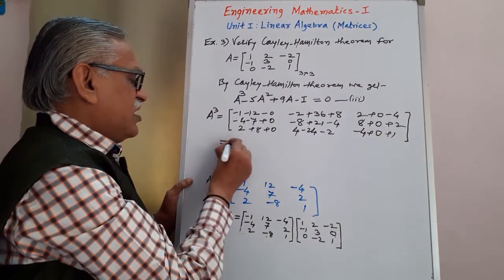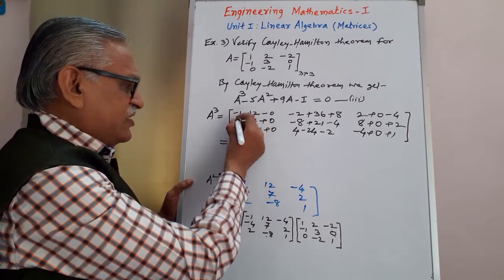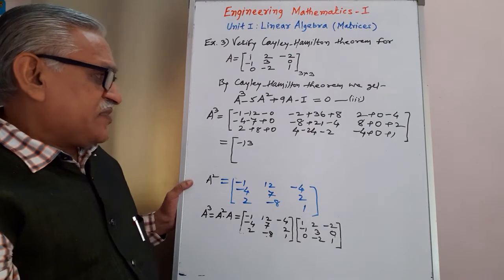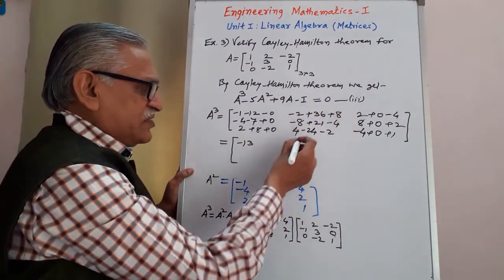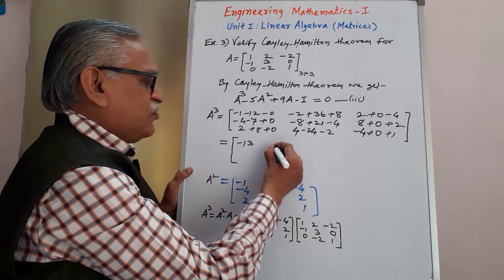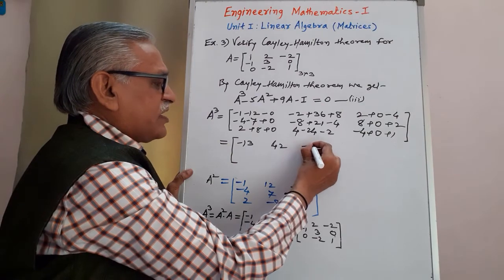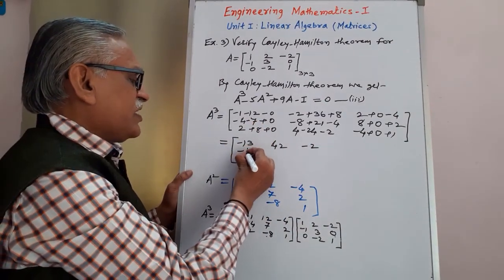And therefore, the elements are: minus 2, 12 minus 1, we get minus 13. 8 minus 2, 6, 6 plus 36, we get 42. 2 minus 4, we get minus 2. Minus 7 minus 4, we get minus 11.